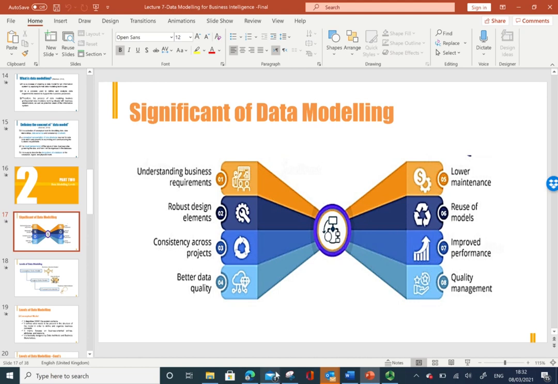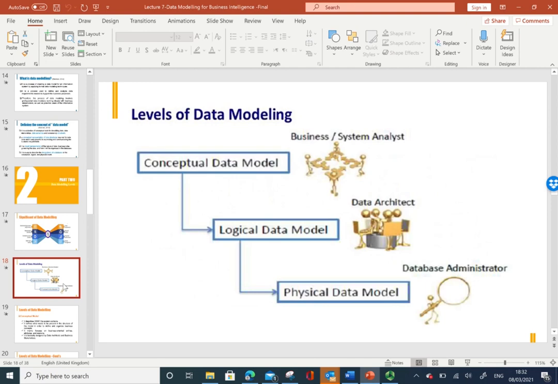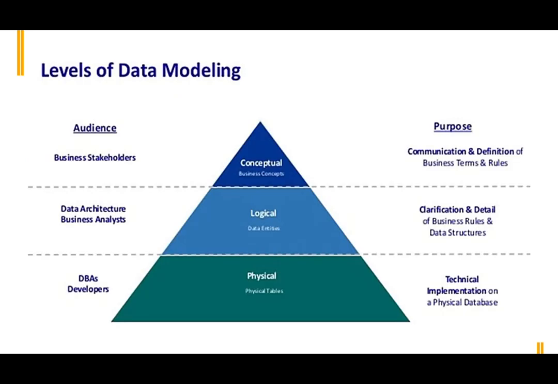The next step, after we understand what is data modeling and why it is pretty important, is to go through these three levels of data modeling. So there are three levels. The conceptual level, which is done by the business stakeholders through the business owner and his consultants.